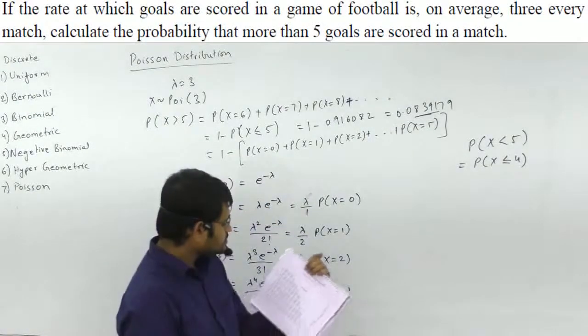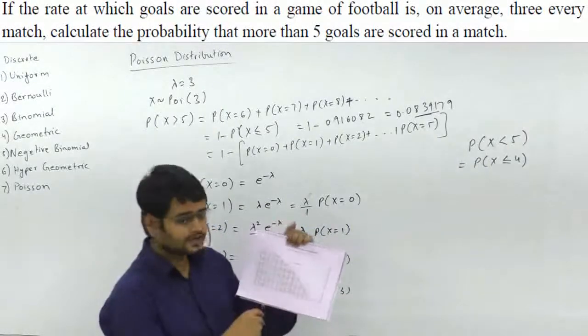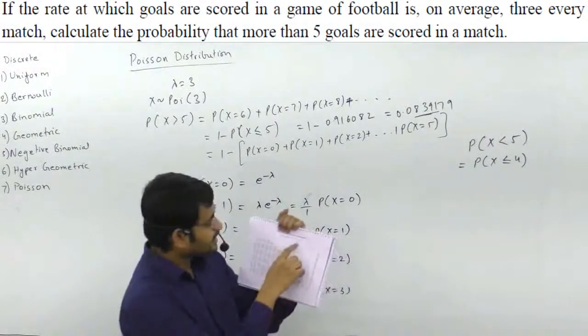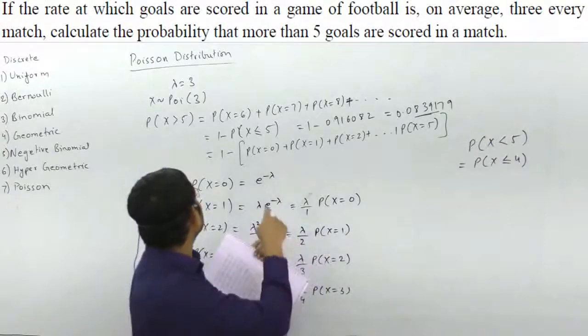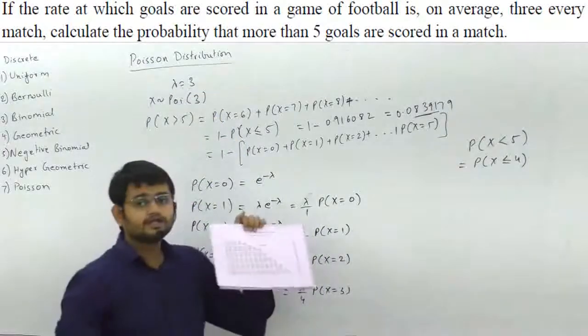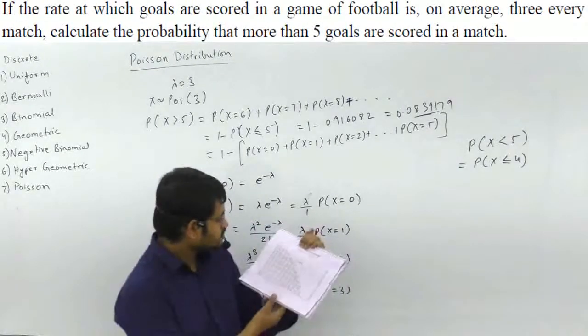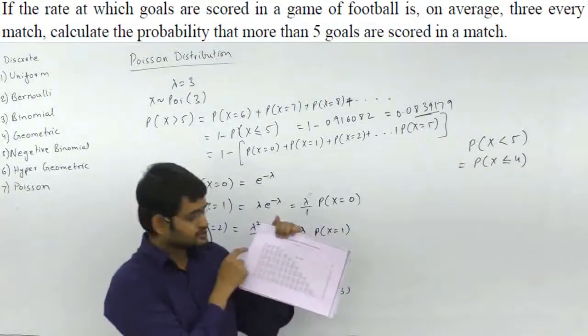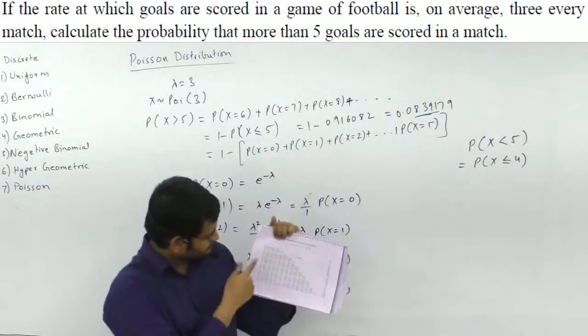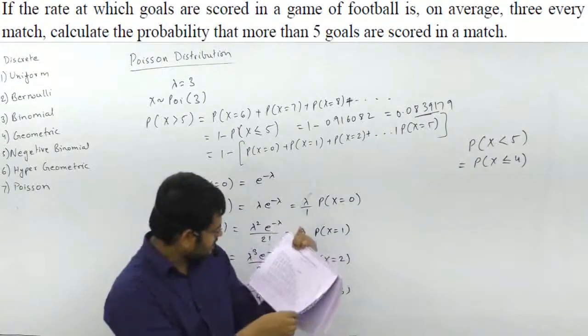So to find these values, how do we use it? The parameter that we have used here is lambda. In this table book, they have used mu as their parameter. So just see the mu on the left hand side and find 3.